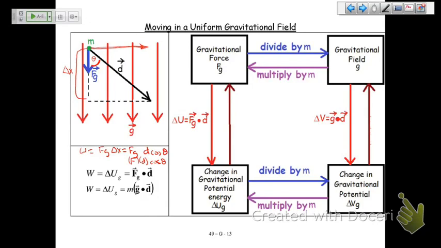So rather than saying, before we said my change in potential equals the force times the displacement. Now I'm saying my change in potential equals my vector force dotted with my vector displacement. Agreed? Yeah. And the same thing goes for changing from the field to the electrical potential, to change electrical potential.